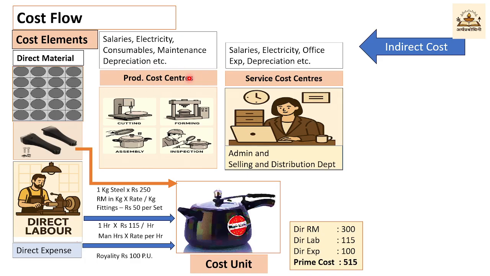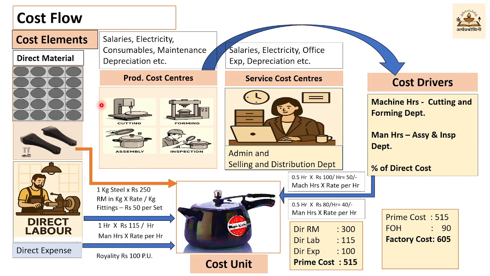Like this, all expenses initially get captured in the cost centers. These are all called cost objects. So you first capture the cost in the respective cost objects, means bundling of the cost. Then after bundling, you have to divide that cost by cost drivers.